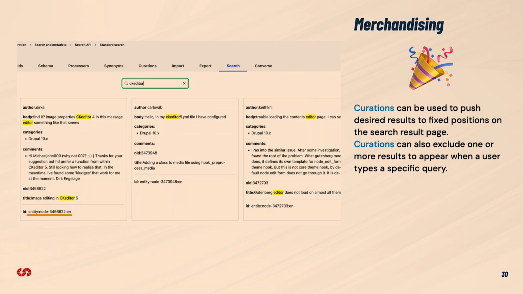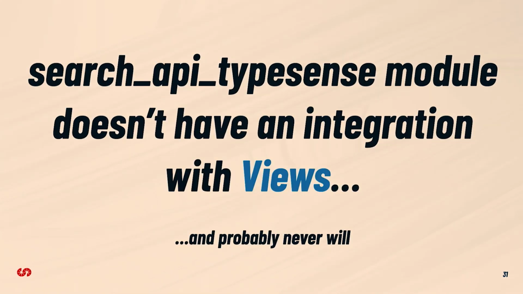So, for example, if a user is looking for CK editor, I don't want this specific node to be returned in the search response, you can exclude it, and it will never be returned. The internal name for this feature in Typesense is curation, because you curate your search result page. This is a very interesting feature.